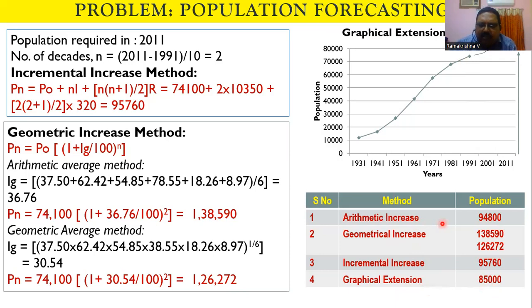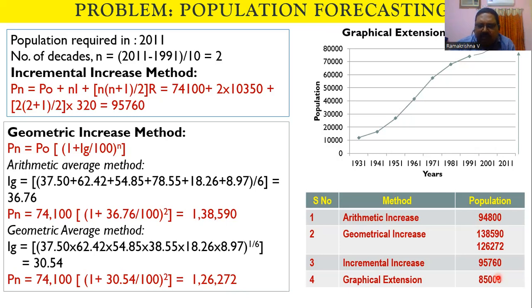And arithmetic increase also gives a relatively lesser value compared to the actual values. But for incremental increase, the extra value you have got beyond the arithmetic increase method is nothing but the second term in the equation. That is the net incremental increase value we are considering, because there will be some positive increases and some negative increases during the decades of population.